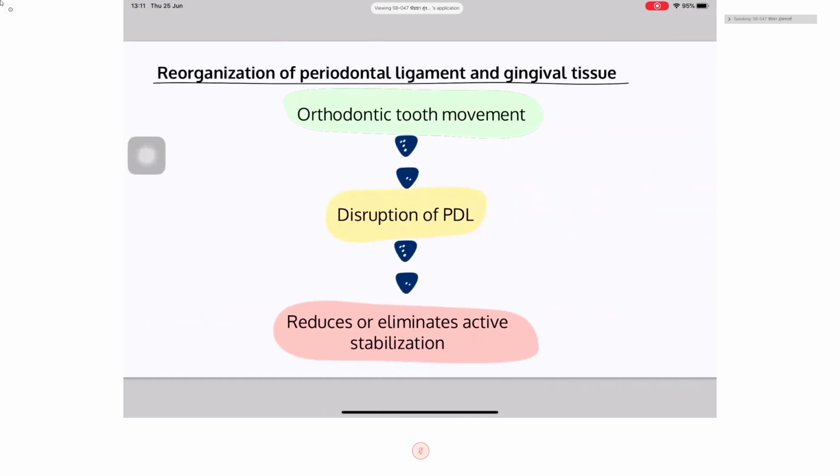The disruption of the PDL, widening the PDL space and disrupting the collagen fiber bundles that support each tooth, called orthodontic tooth movement, leads to reduced or eliminated active stabilization. It means that immediately after orthodontic appliances are removed, teeth will be unstable in the face of occlusal and soft tissue pressure that can be resisted later. That's why every patient needs a retainer for at least a few months.